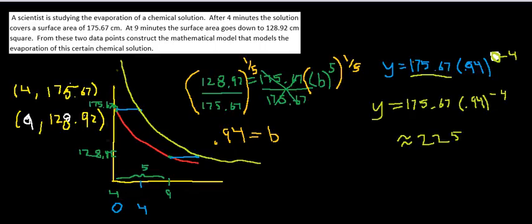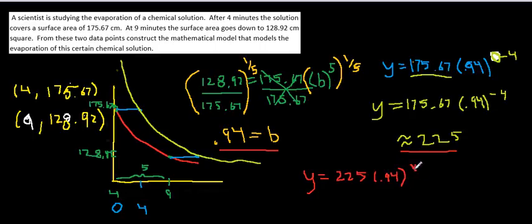So now we have our initial starting value, we have our rate, and so our answer to our equation is going to be y equals 225 times the rate of 0.94 to the power of x.